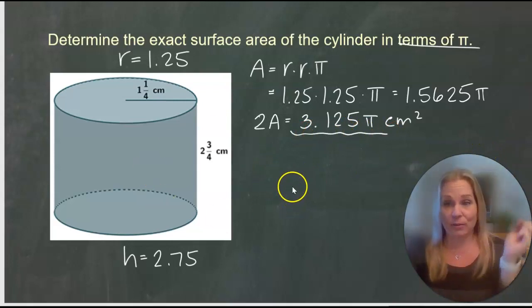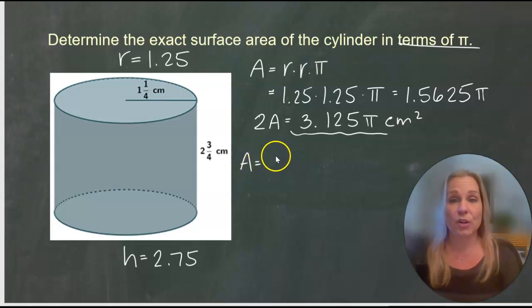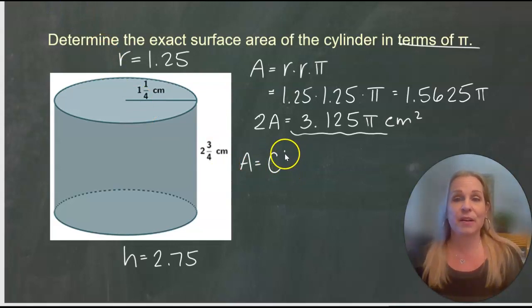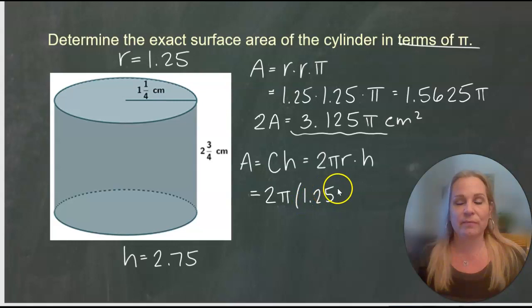Then I've got the rectangle that wraps around, right? And remember, that area of that rectangle is my circumference times the height of the cylinder, right? And we can write circumference as 2 pi r, and then we're multiplying by the height of the cylinder. Okay, so let's do that. So we've got 2 times pi times my radius, which again is 1.25, times the height, which is 2.75.